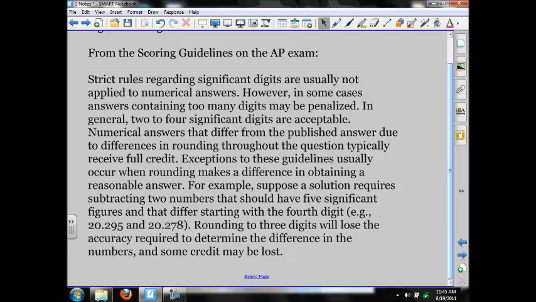Do we know what a significant digit is? How many significant digits does that have? 4. The 0 counts because it's in between, right? Three. Yeah, it does have 4. This one has 2. What's the difference between these two?